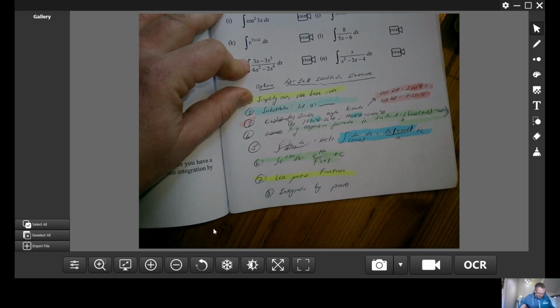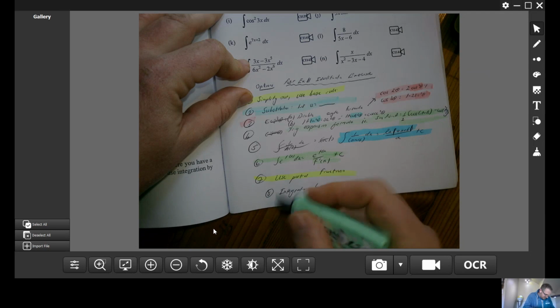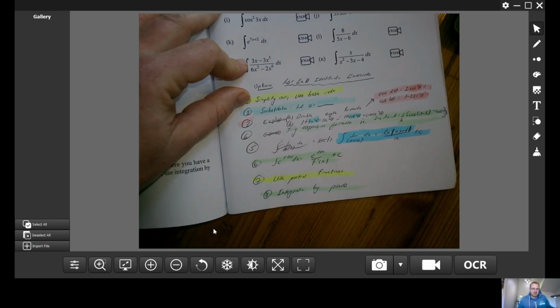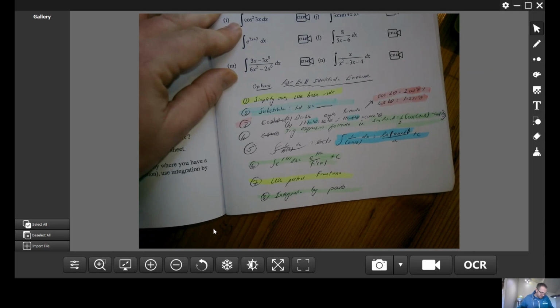And don't forget integration by parts, very often when it's x times something else and substitution's not going to work. So we've got techniques 1 to 8 there, and you're going to try to use those.